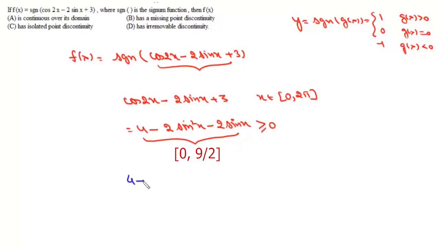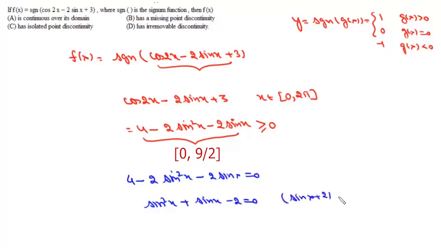So this is 4 minus 2 sin square x minus 2 sin x equals 0, or we can write this as sin square x plus sin x minus 2 equals 0. Now we factorize this, we can write this as (sin x plus 2) into (sin x minus 1) equals 0.